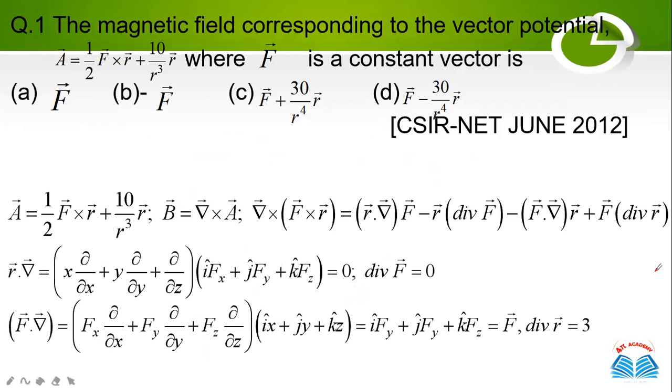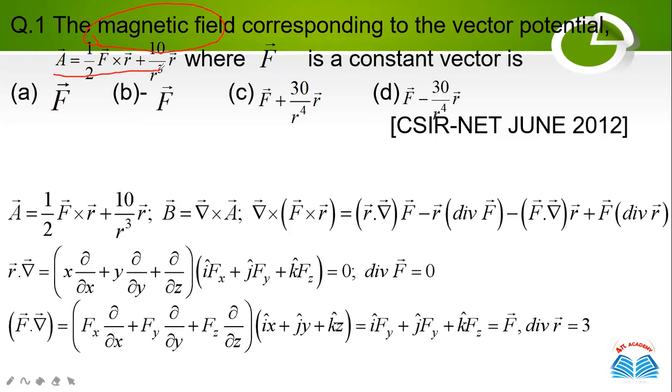The first question is to find the magnetic field corresponding to the vector potential, which is given as A equals 1 by 2 F cross R plus 10 by R cube R vector, where F vector is a constant vector. We have to find the magnetic field, that means the value of B, and A is given.